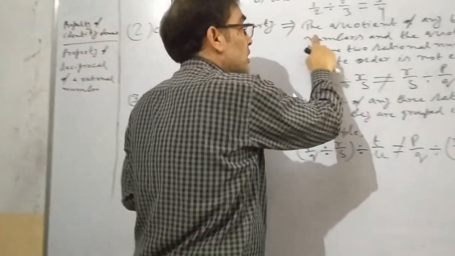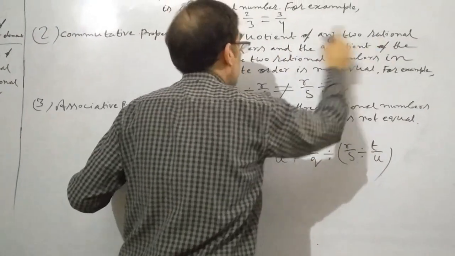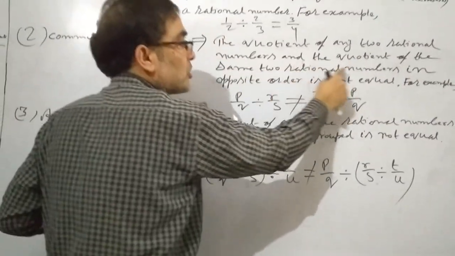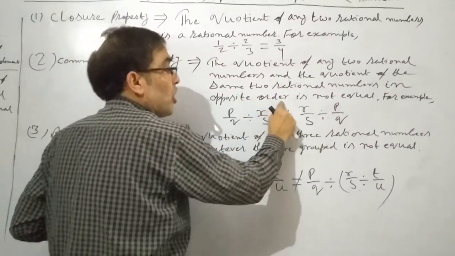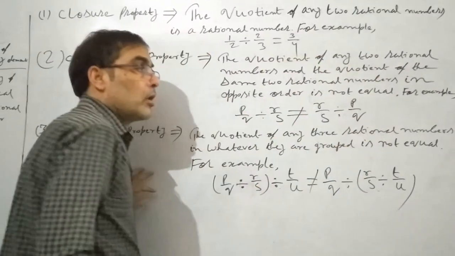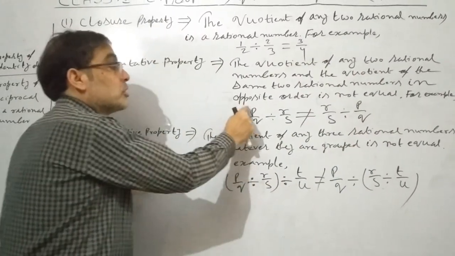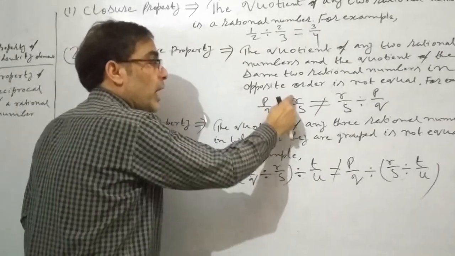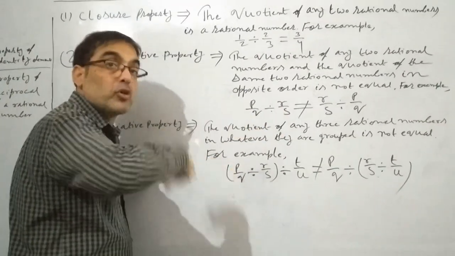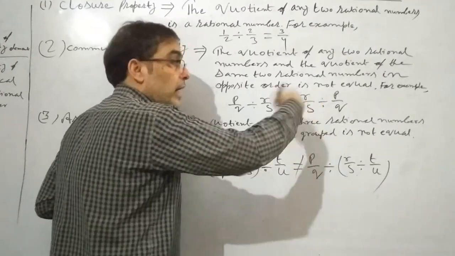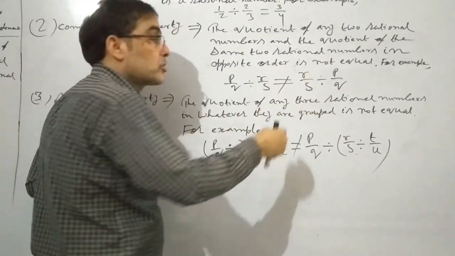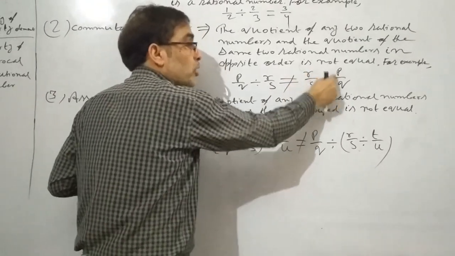Now let's know the second property, commutative property. In this property, the quotient of any two rational numbers and the quotient of the same two rational numbers in opposite order is not equal. For example, there are two rational numbers, p by q and r by s, and in opposite order on the right side you are seeing the same rational numbers r by s and p by q.